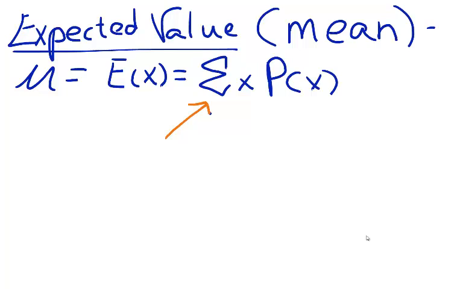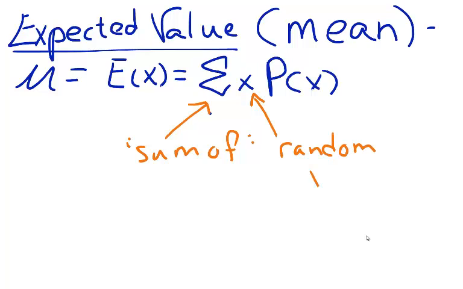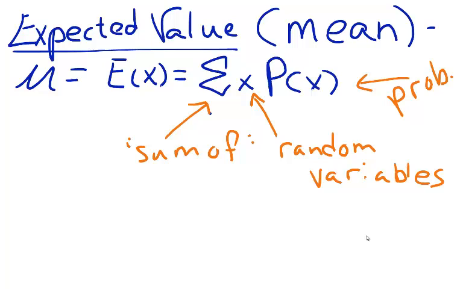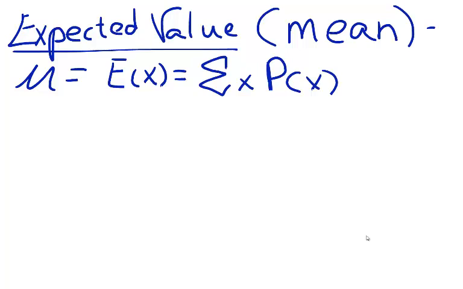This symbol, uppercase sigma, means the sum of x, our random variables, multiplied by P of x, the associated probability for each random variable. In other words, by multiplying each random variable with its associated probability and taking a sum of all of the products, we can obtain our expected value.